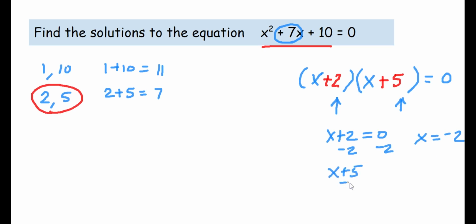We would subtract 5 from both sides. And that gives us x equals negative 5. So those are the solutions to this equation: x equals negative 2 and x equals negative 5. Often with quadratic equations, there are two solutions. That's why we have two answers to this question.